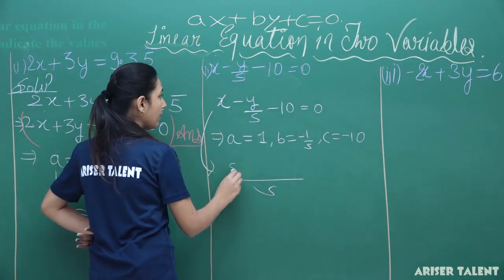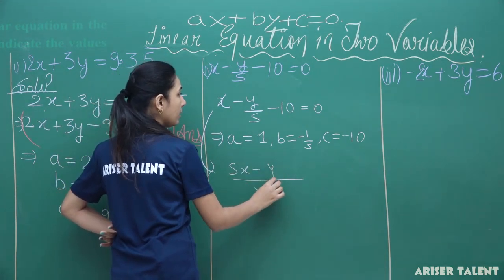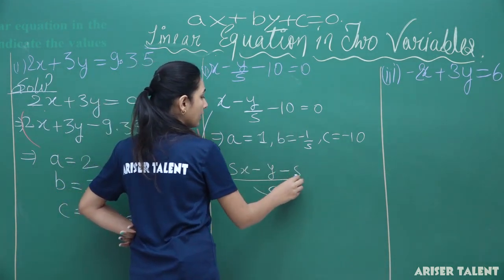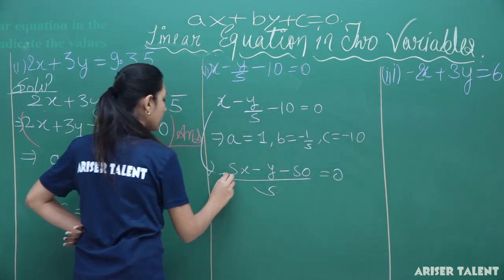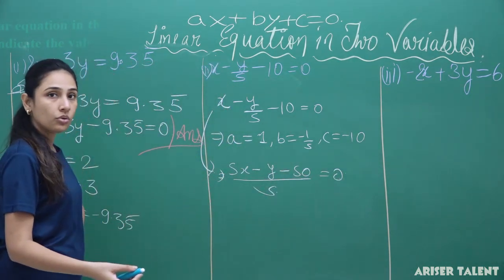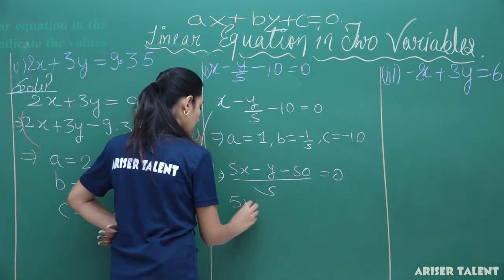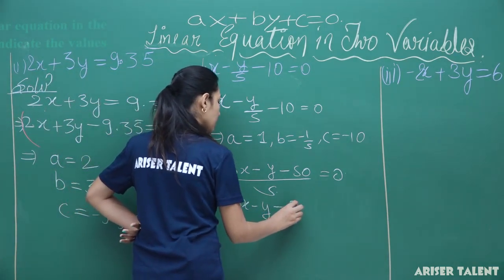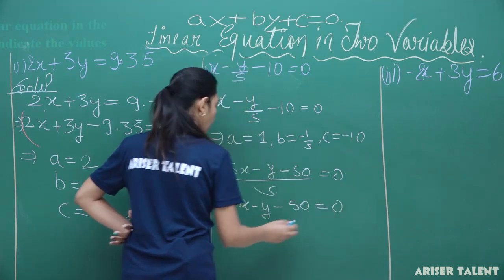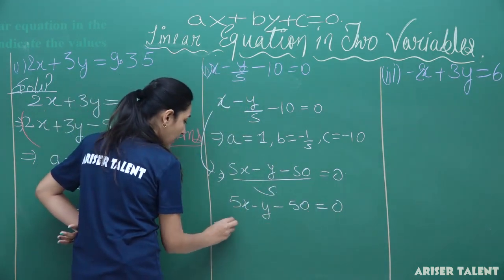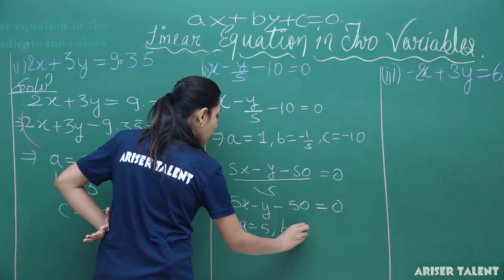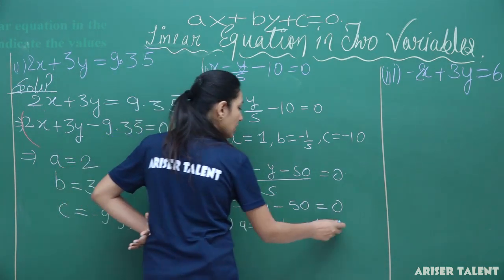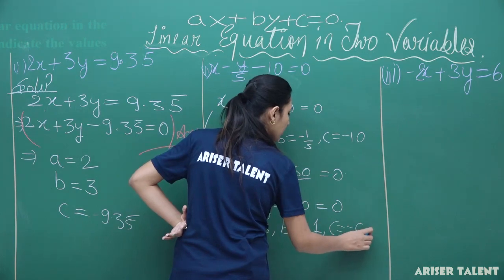that will become 5x minus y minus 50 equals to 0. This 5 will transpose there and that will become 0 too. So that will become 5x minus y minus 50 equals to 0. From here you can have a equals to 5, b equals to minus 1 and c equals to minus 50.